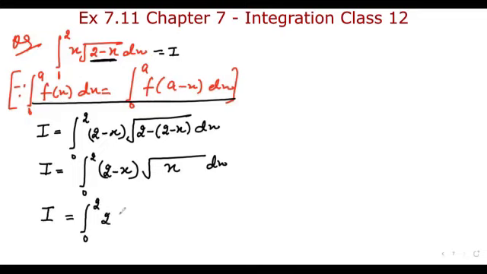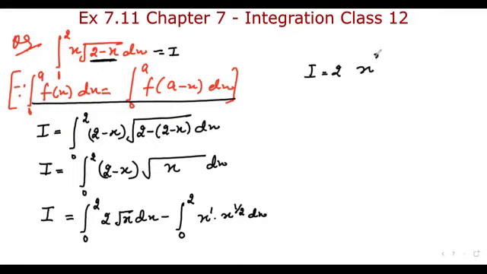This is 2 square root x dx minus 0 to 2 x into root x. x into root x, x power half. Root x means x power half dx. x means x power 1, x power half into dx. So I is equals to 2 is outside. Integration of root x means it is half already.